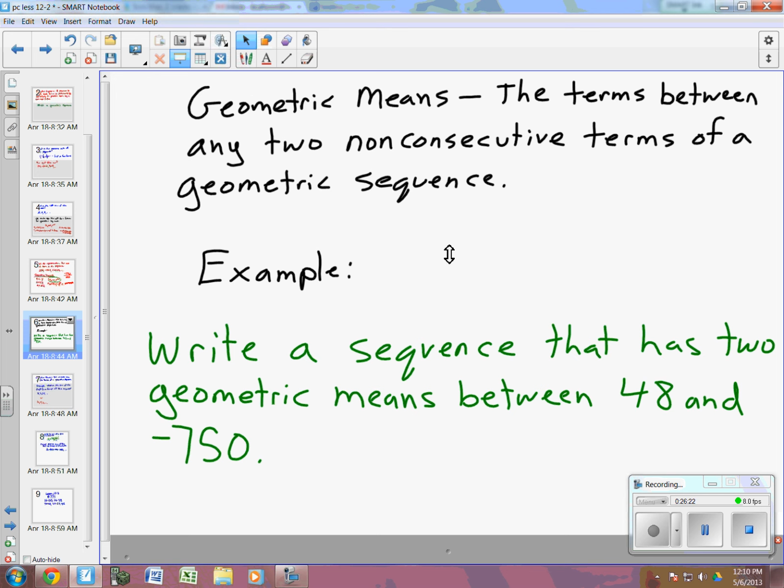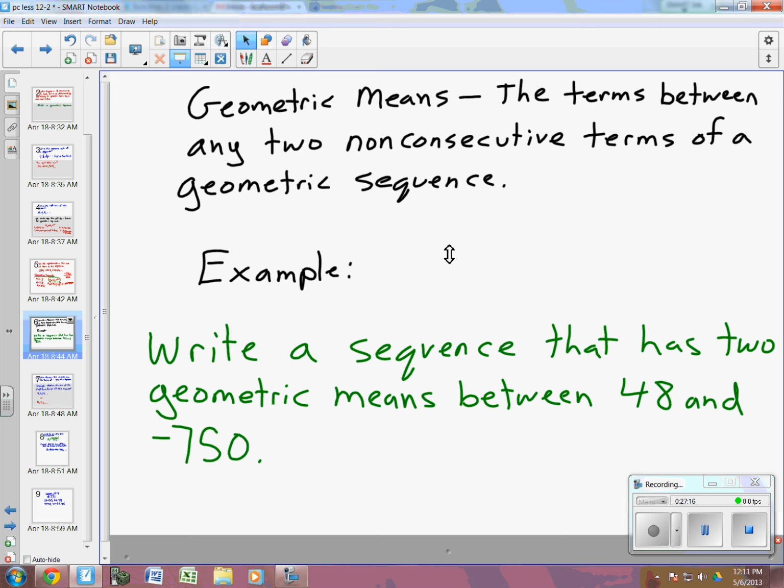I want you to write these four terms out, putting blanks where the two terms are that you don't know. What are my two non-consecutive terms?